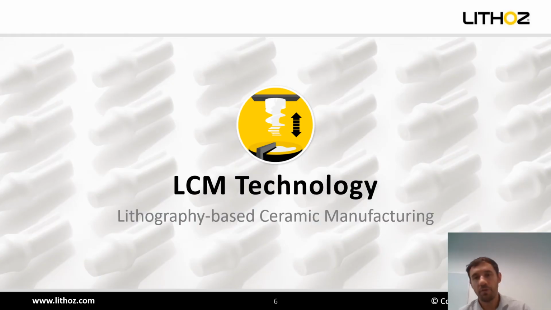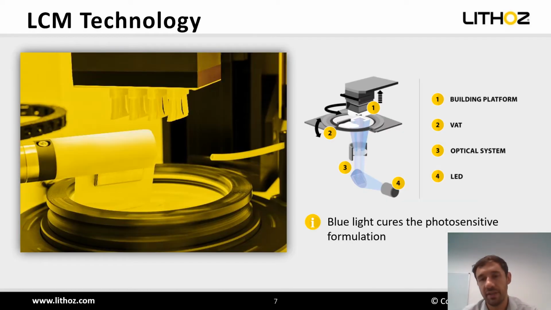So moving forward to the actual 3D printing technique that we employed here, it's called LCM, which is an abbreviation for lithography-based ceramic manufacturing. And the basic concept here is we are using light, we're using the concept of photopolymerization to cure a photosensitive ceramic suspension. So a liquid which contains a very high amount of ceramic particles, roughly around 50 volume percent.